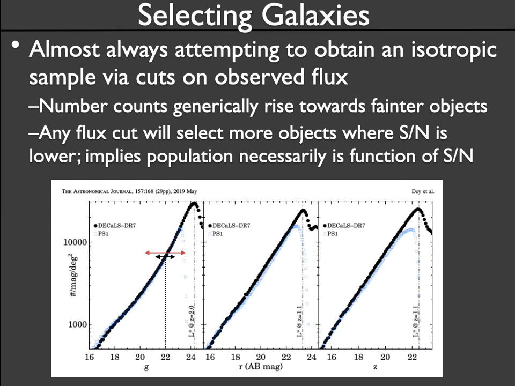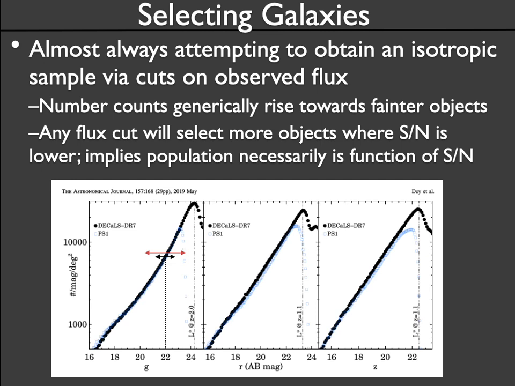Either way, if that's Gaussian around something that's rising like this, you're going to get more of the fainter objects scattering in than the brighter objects scattering out. And that'll be true anywhere, but that'll be amplified if your uncertainty is greater.